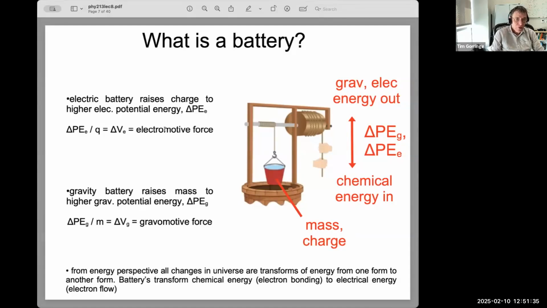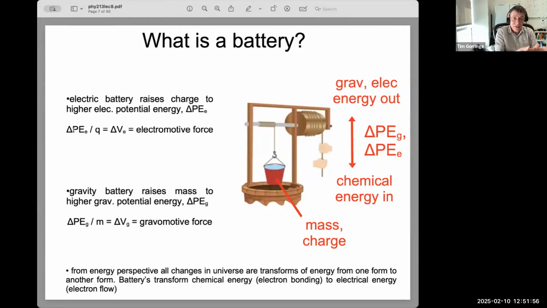The electromotive force is defined as the change of the electrical energy that we gave the charge when we raised it up, divided by the amount of charge. And actually, that's a quantity we've already met. That's the change in electrical potential.